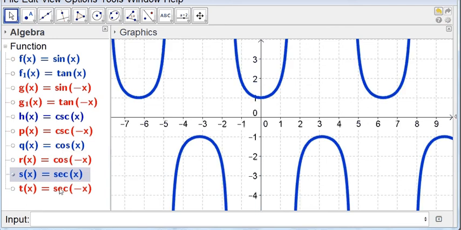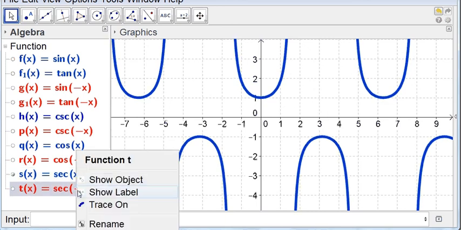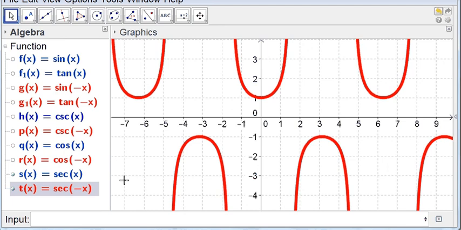It's the reciprocal of it. Here's secant, and notice again, it's already symmetric across the y-axis. So if we're plugging in these negative x values, our result is the exact same function. It's identical there, whether it's x or negative x for the secant function.